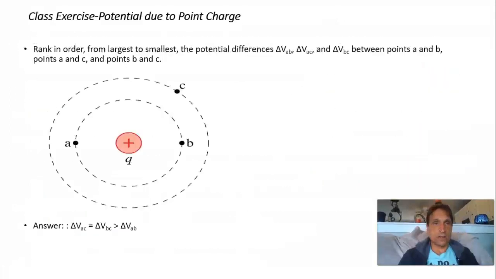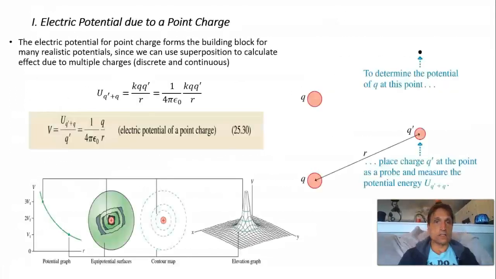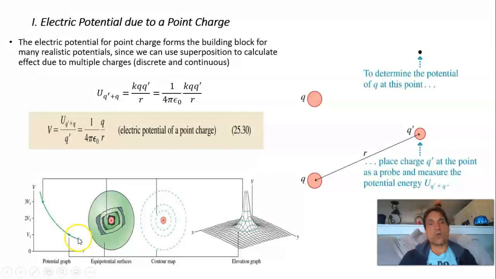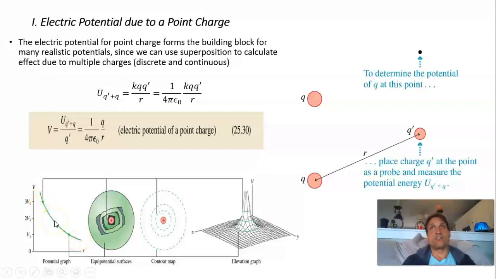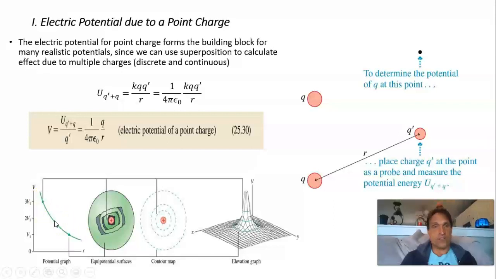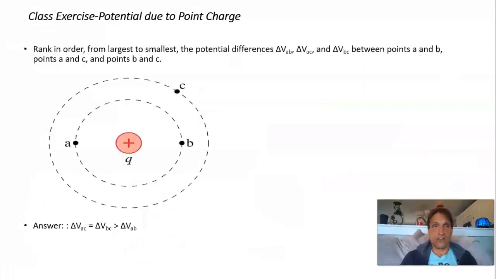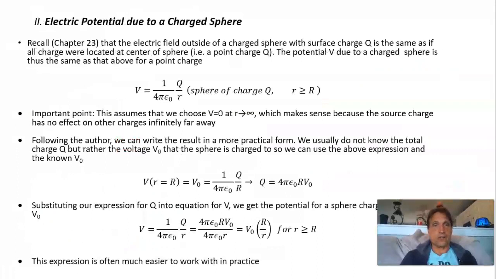We know that the potential decreases as we go away from the sphere, and that positive charges will move from higher potential to lower potential. So they're going downhill. So we know that the proton will gain kinetic energy, and it will lose potential energy.